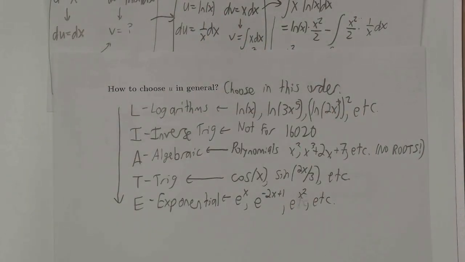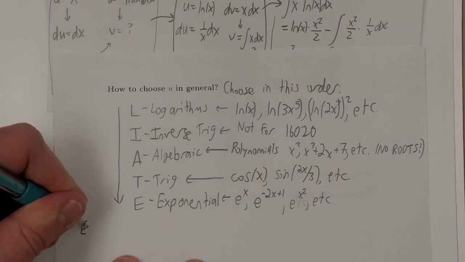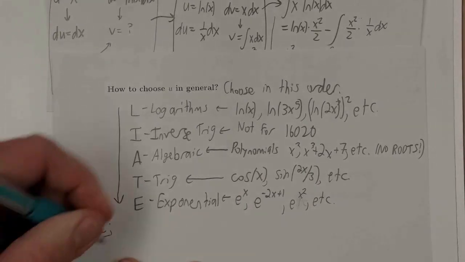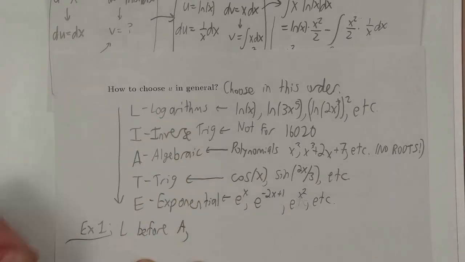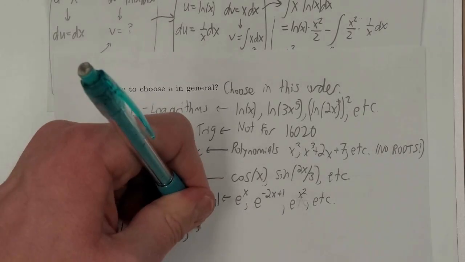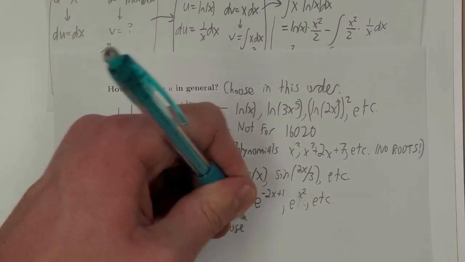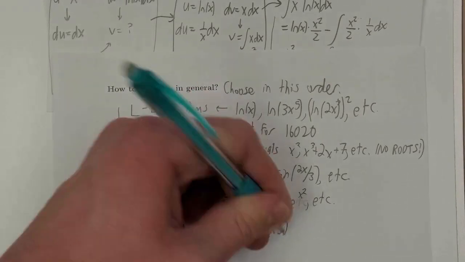So you might think, all right, how does that tie into what we had in example 1? In example 1, L was before A. So choose u equals natural log of x.